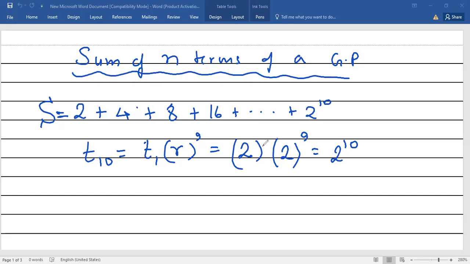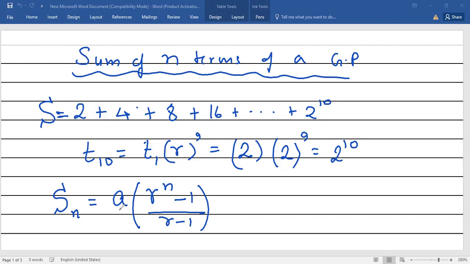So this entire number we have to add. Now manually it is very difficult, so there must be some formula which helps us. Yes, that formula is, we will write like this: the sum to the nth term is given by the first term multiplied by r to the power n minus 1, divided by r minus 1.